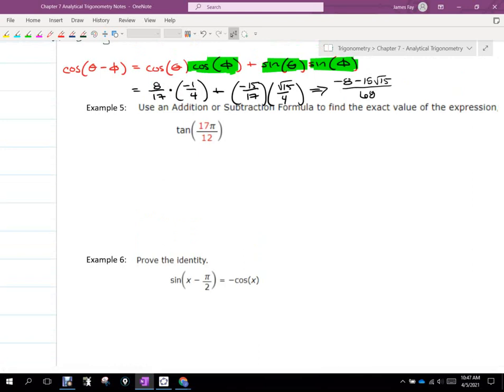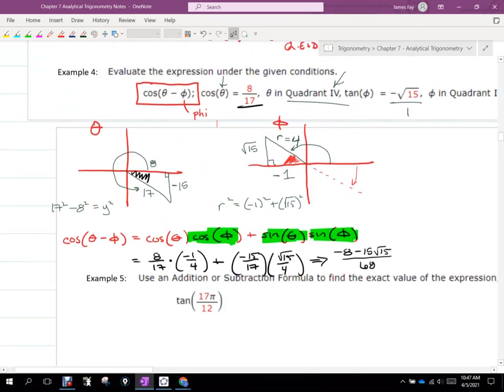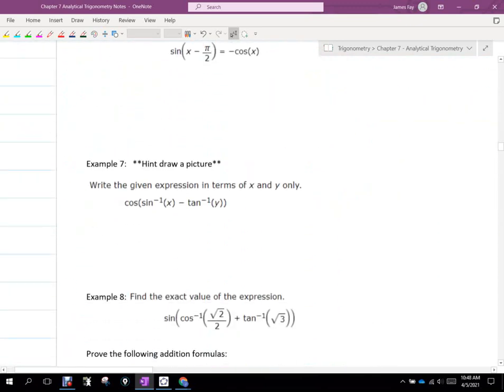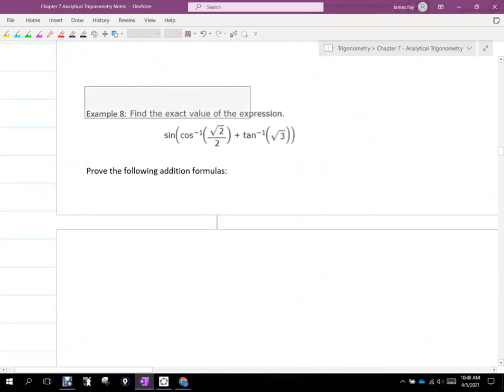We did cosine of pi over 12, very similar to tangent of 17 pi over 12. All you've got to do is change 17 pi over 12 to degrees, find two angles that add to that, and then apply your tangent formula. That proof down there, example 6, is exactly the same thing as what we saw here in example 3. We'll do this one tomorrow.